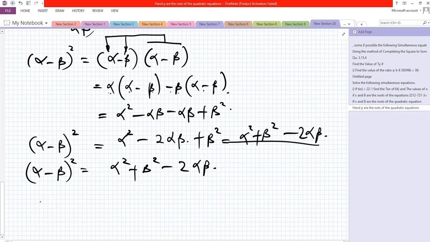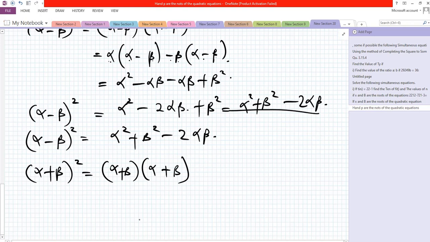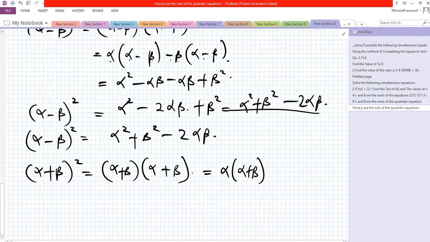Now we also know that alpha plus beta all squared is the same thing as alpha plus beta times alpha plus beta, which is the same thing as saying alpha times alpha plus beta, that is using the whole of this multiplying this, then plus beta using the whole of this multiplying, plus beta times alpha plus beta.